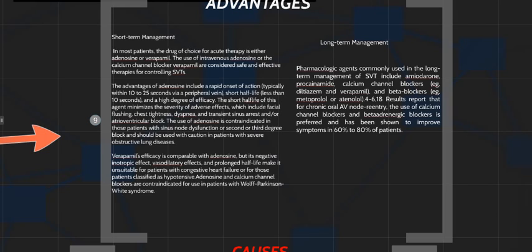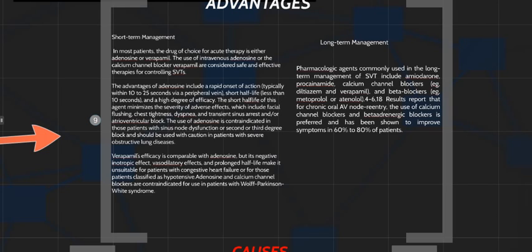The short half-life of this drug minimizes the severity of adverse effects, which include facial flushing, chest tightness, dyspnea, and transient sinus arrest and atrioventricular block.